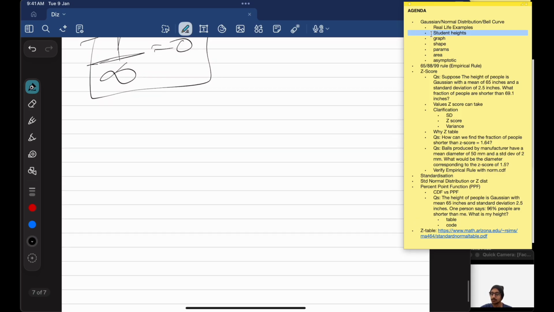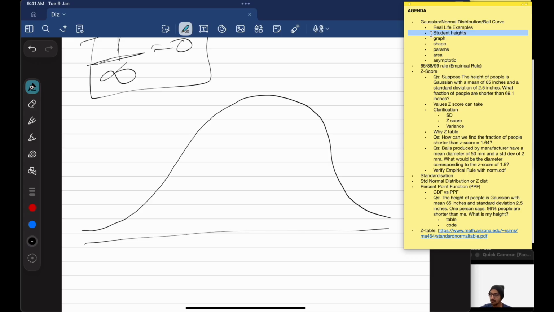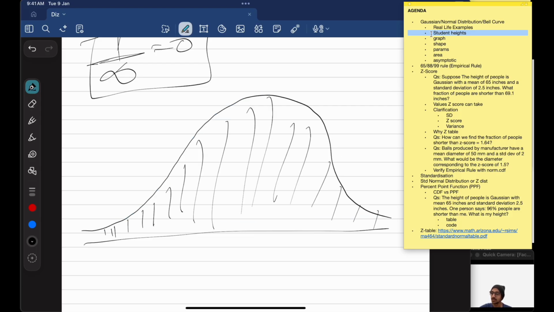So if we plot this continuous variable of heights as a histogram and bucket each of these heights, let's say the most common height, at least in India, I think is around 5 feet 7 or 5 feet 8 inches.